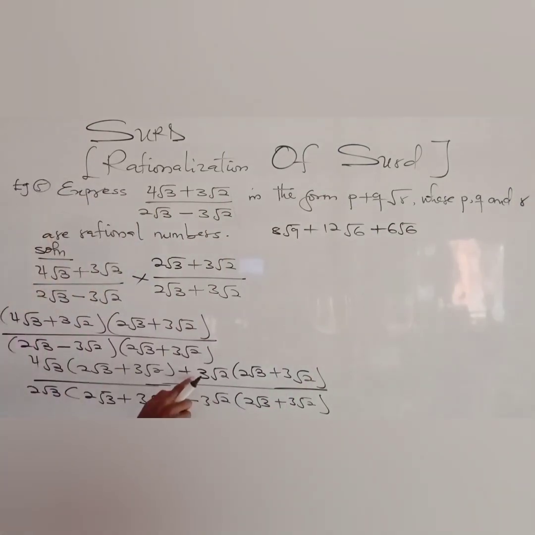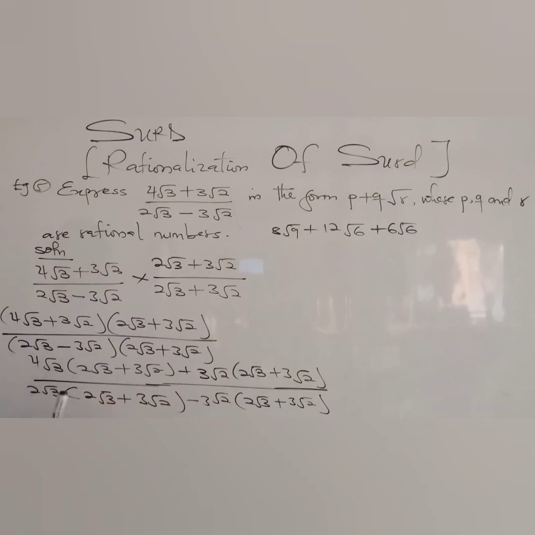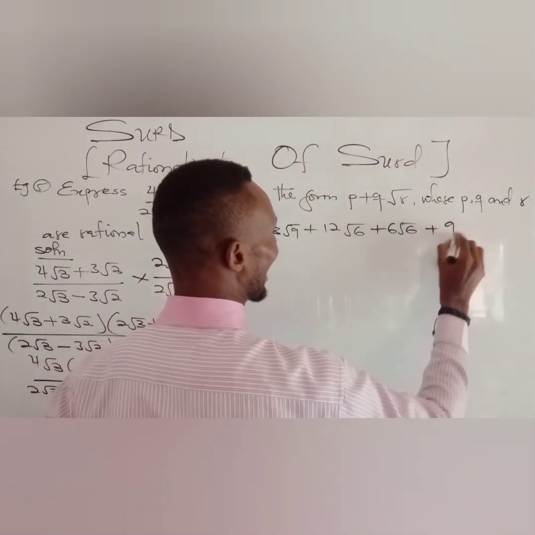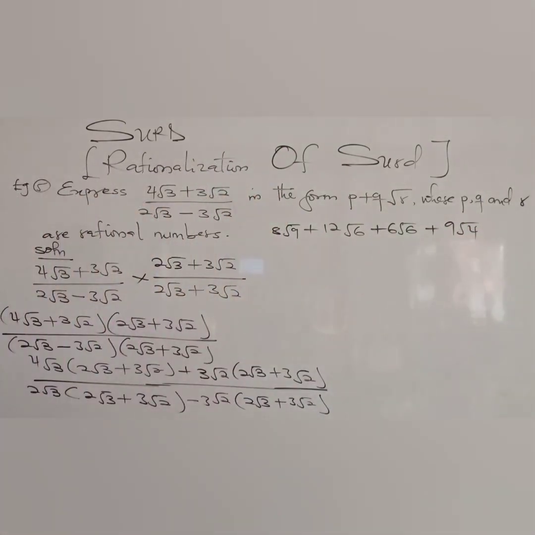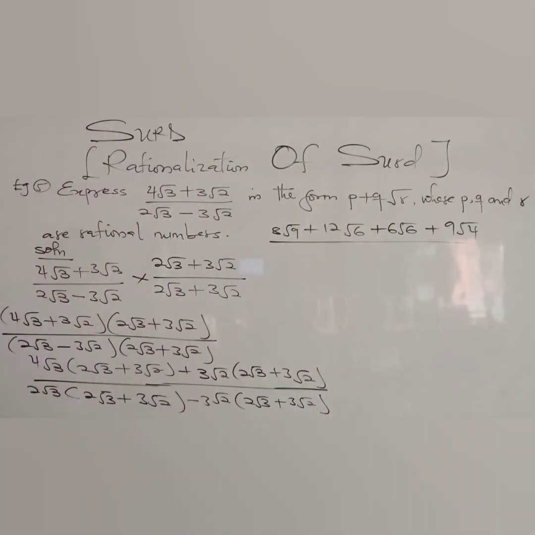And this positive 3 root 2 will multiply this 3 root 2 also, and that is going to give me 9 root 4, or 3 root 2 all squared is the same thing. So plus 9 root 4, and I hope you agree with me up to this point. So all over the denominator, so let's do the denominator as well.